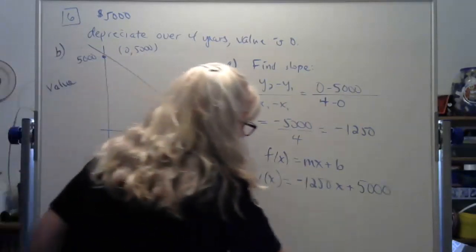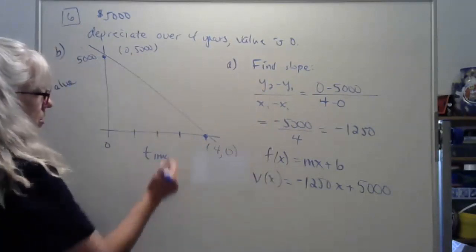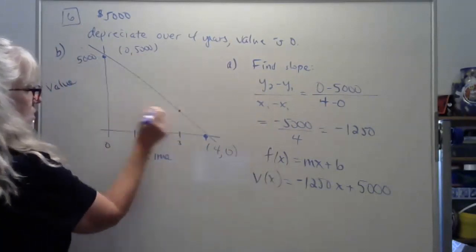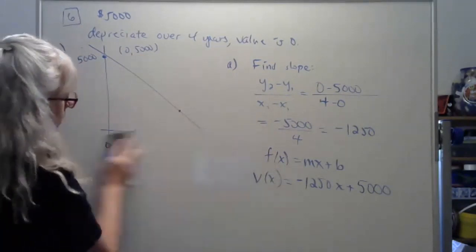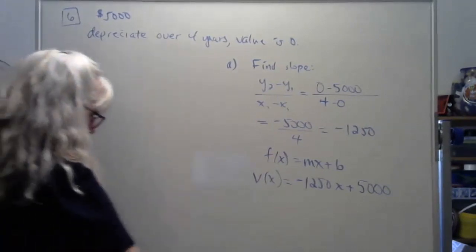Okay, part C asks us, what's the book value of the machine after 3 years? So at this point in time, what's the value over here? What we're going to do is just plug 3 in for x into our function that we just found.